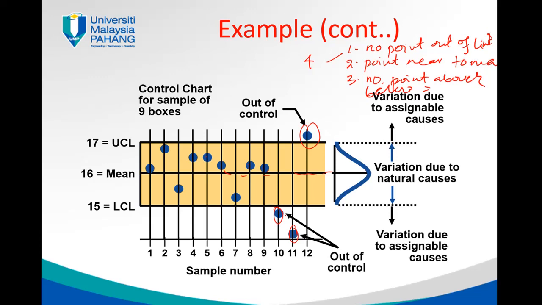Balance here doesn't mean that it must be equal, but if like this, only 4 of the points out of 12 are below. So it shows some variation. Number 4 is no random pattern. We have the random pattern.